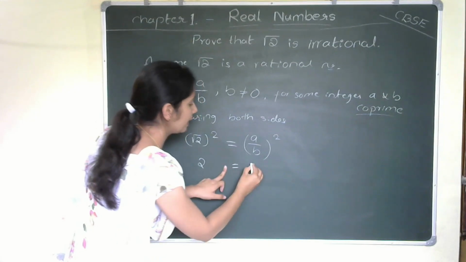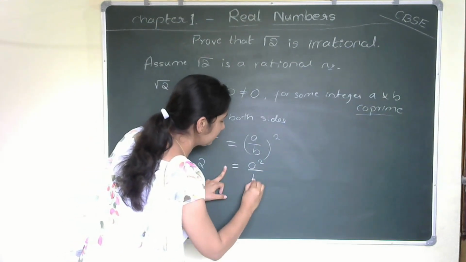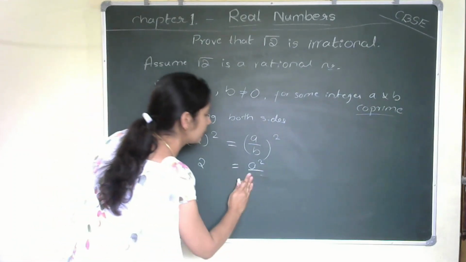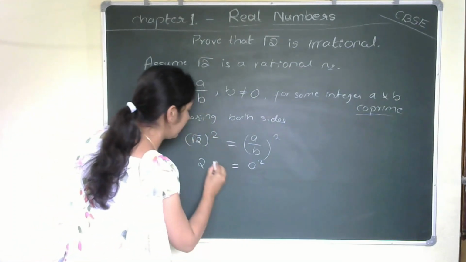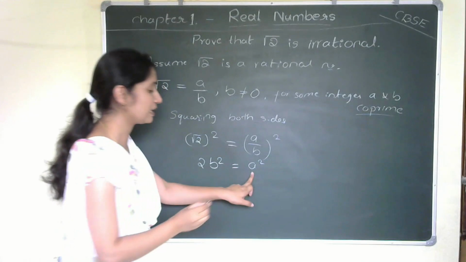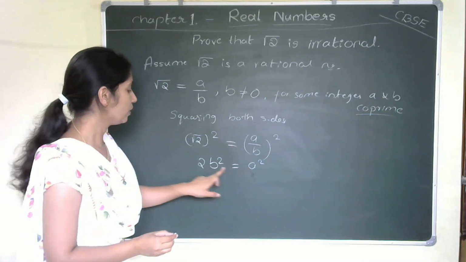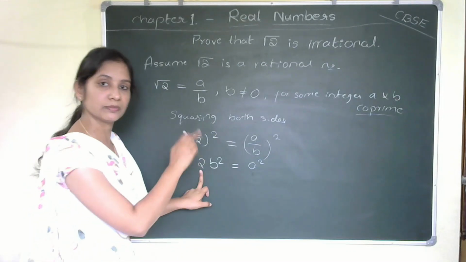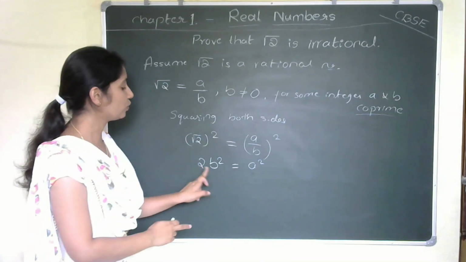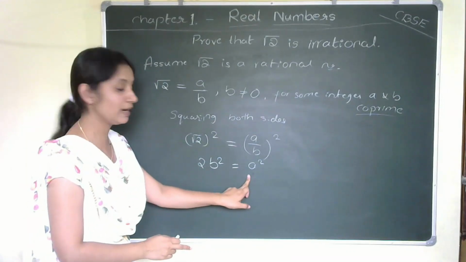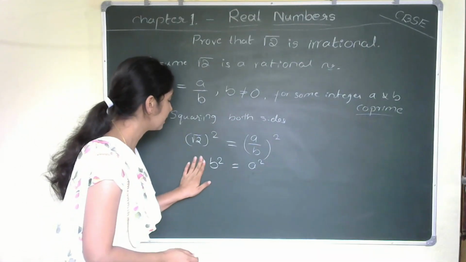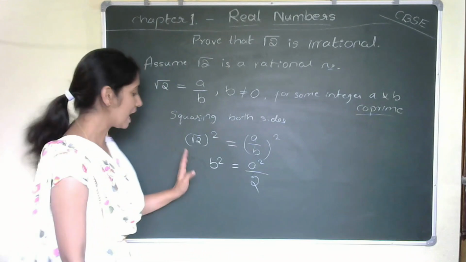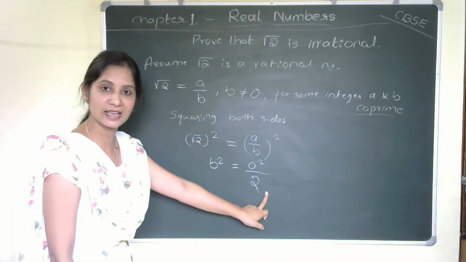On the right hand side, a square by b square. Now I can move this b square. It is divided here, so if I move it to the left hand side, it will multiply 2. So 2b square equals a square. Also I can write b square equals a square by 2. I moved the 2 to the right hand side.